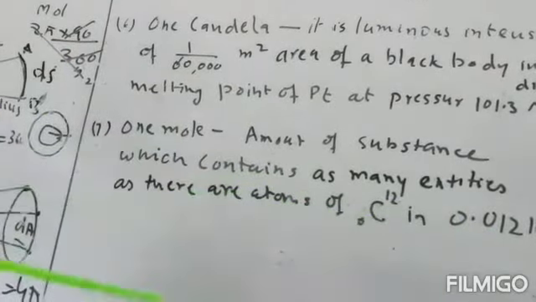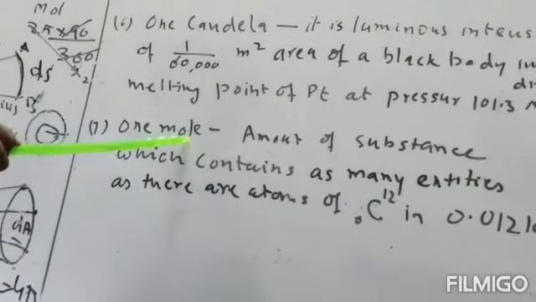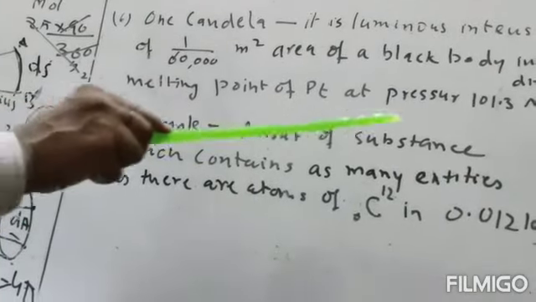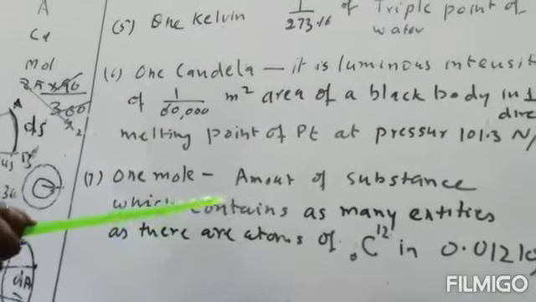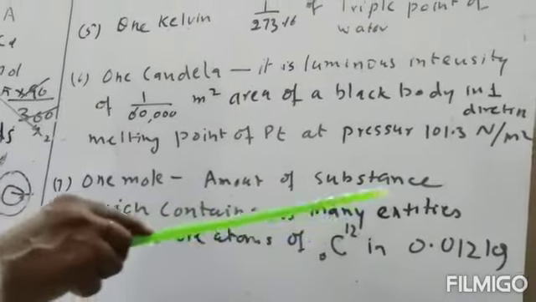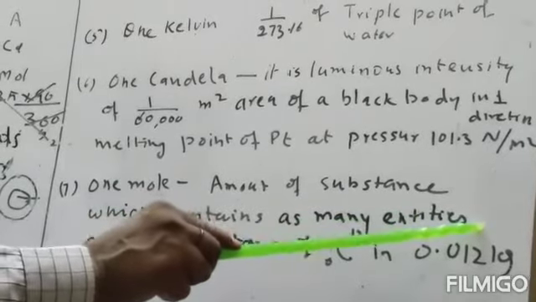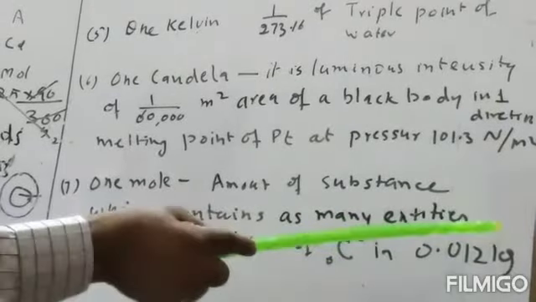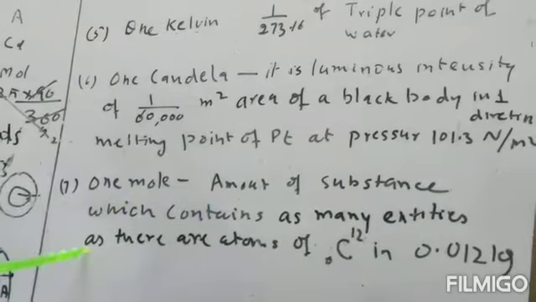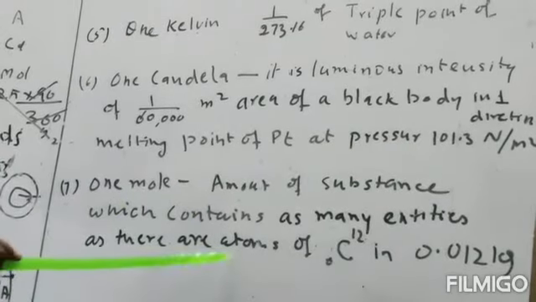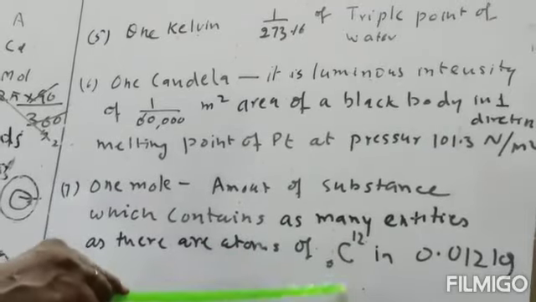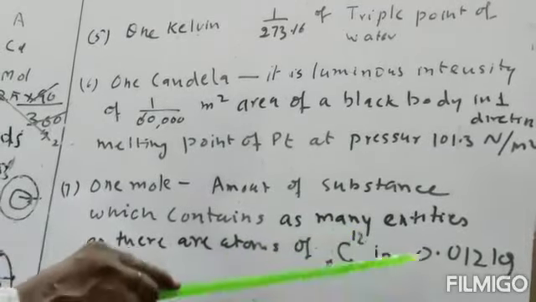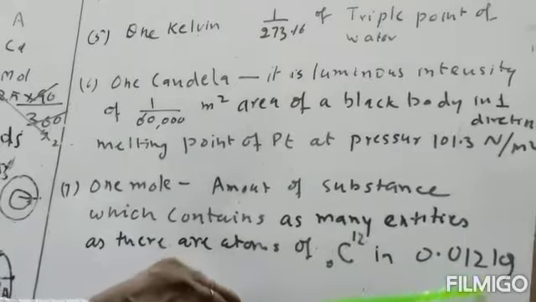Now for any substance, 1 mole is the amount of substance which contains as many entities, meaning molecules or atoms, as there are atoms in 0.12 kilogram of carbon 12.